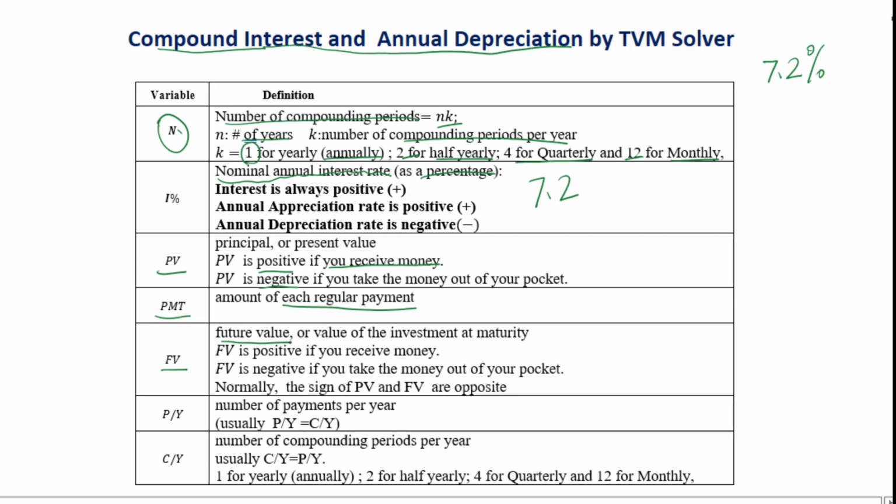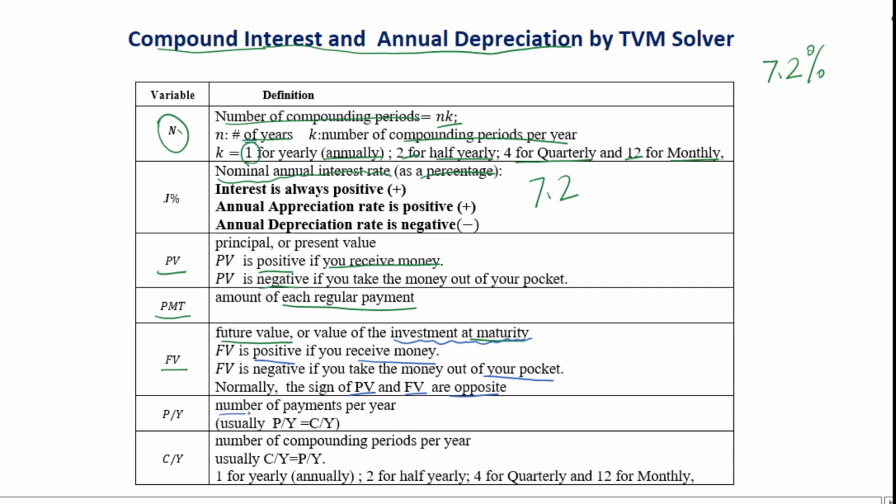FV is the future value, or value of the investment at maturity. FV is positive if you receive money. FV is negative if you take the money out of your pocket. Normally, the signs of PV and FV are opposite.